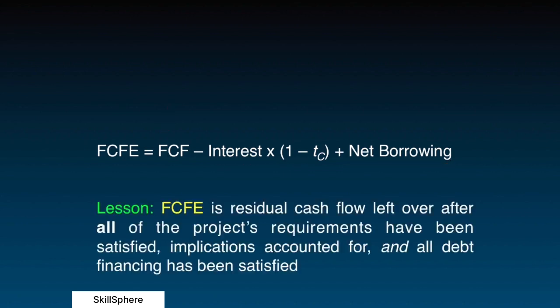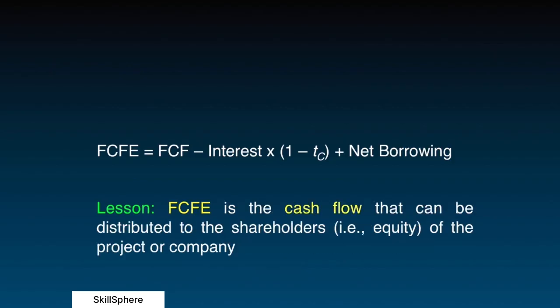So what is free cash flow to equity? It's the residual cash flow left over after all of the project's requirements have been satisfied, implications accounted for, and all debt financing has been satisfied. That's critical. We take care of the debt holders first because they're senior claimants. Free cash flow to equity is the cash flow that can be distributed to the shareholders, i.e. equity holders of the project or the company.